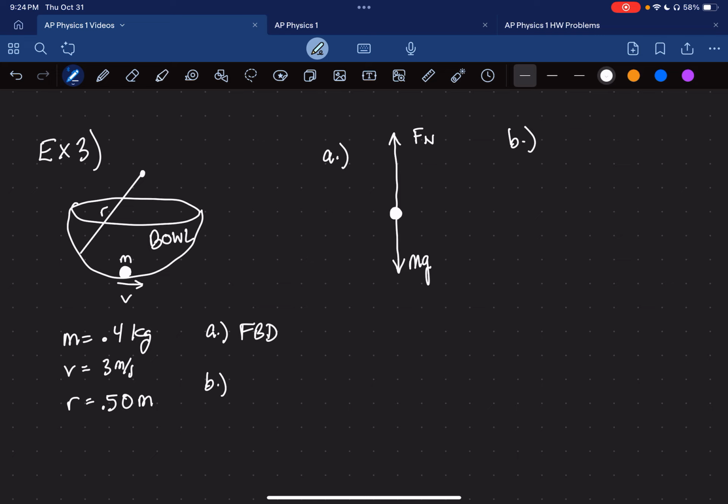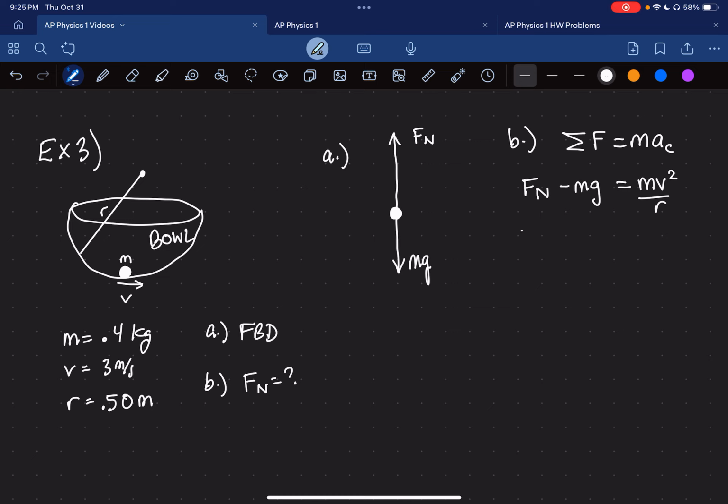For part B, let's figure out the normal force. And so we'll write the sum of forces equals ma, which is mv squared over r. And we will put in our forces. Fn goes first, minus mg.